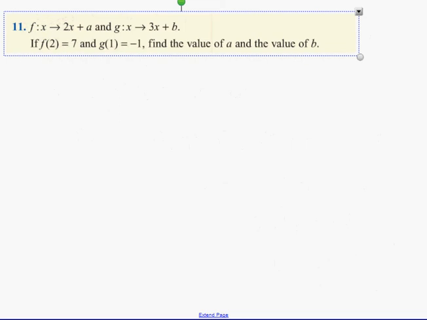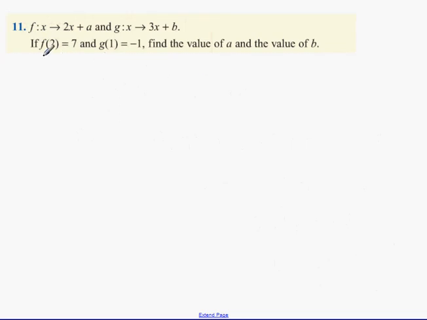Number 11. You have f2 equals 7 and g1 equals minus 1. David, what do you do with f2? How do you find out what f2 is? You replace x with?